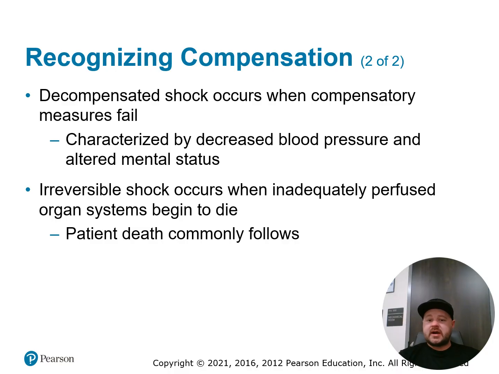So when our blood pressure drops below that, we become altered. Irreversible shock occurs when inadequately perfused organ systems begin to die. Some of the things like our kidneys, our heart, our brain, it does not take very long, between about 4 minutes to maybe 12 to 15 minutes of no perfusion before those organs are dead.